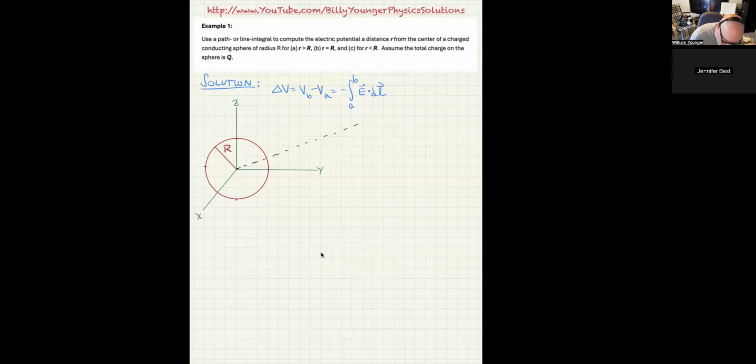So I can actually imagine integrating it, let's say, from way out here, which I will call R sub A, to way in here, which I will call R sub B, which is greater than R for this first part.